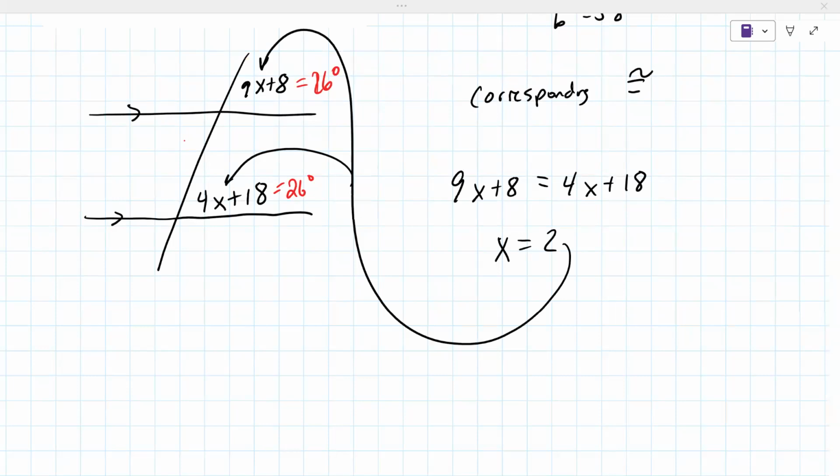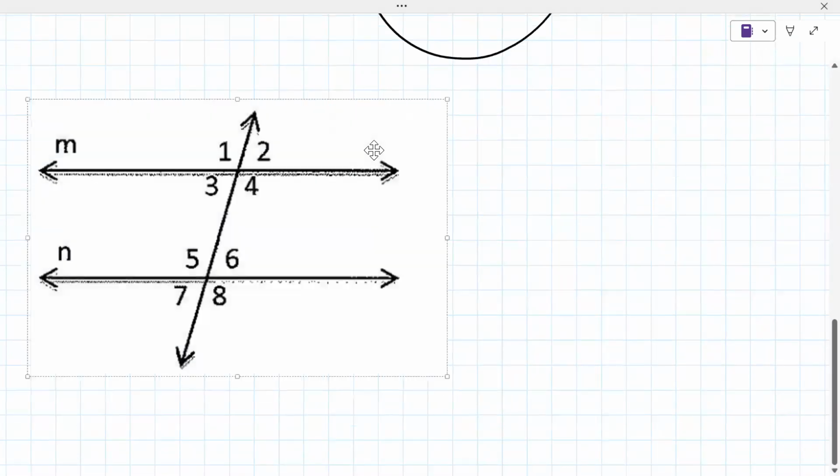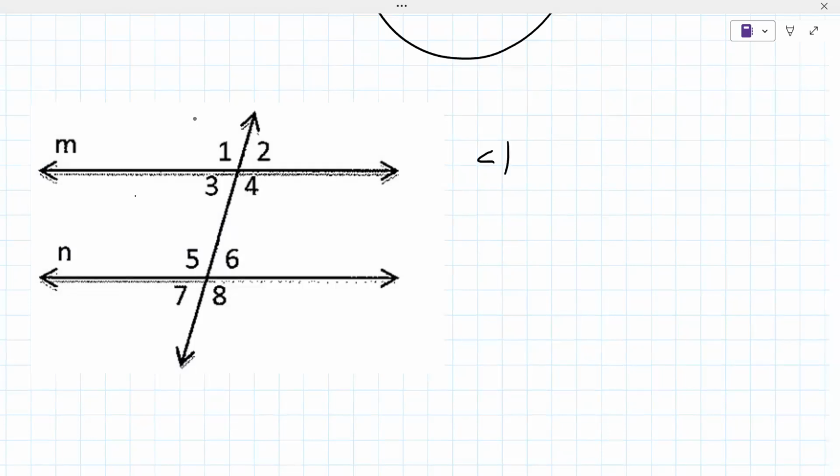Now, did you guys talk about all the possible corresponding angles in your class? Let me grab a picture here to help. Give me some corresponding angles that you see. 2 and 6, 1 and 5, 4 and 8, and 3 and 7.